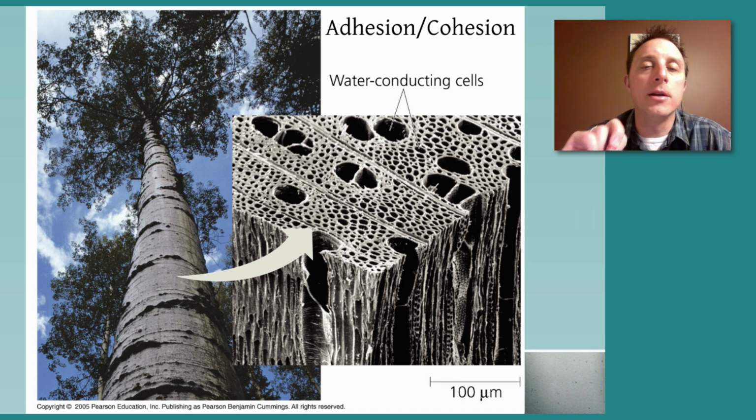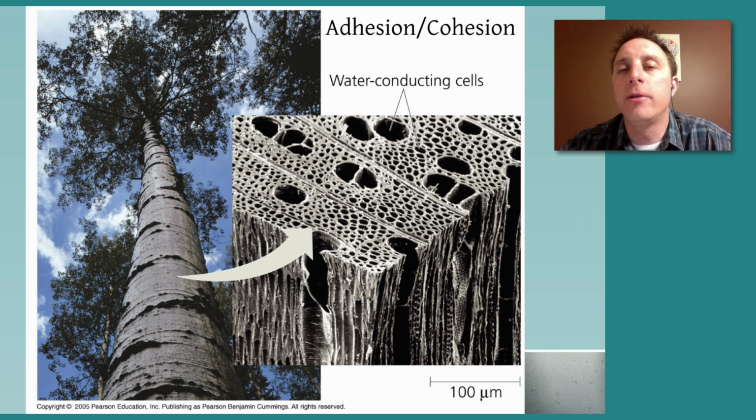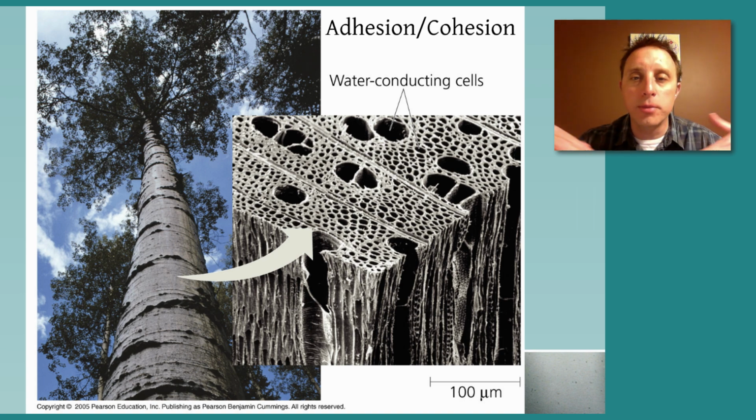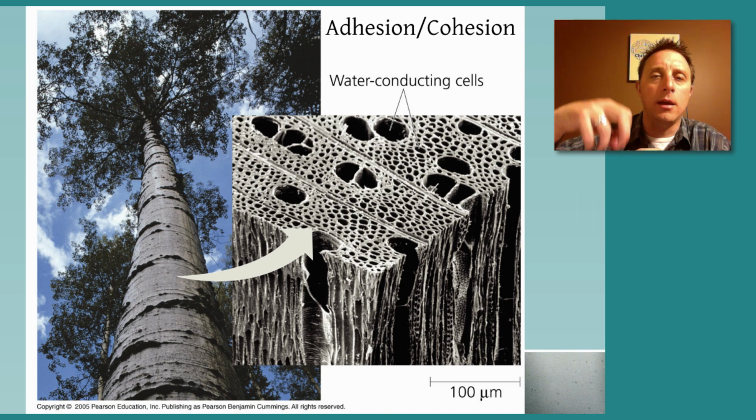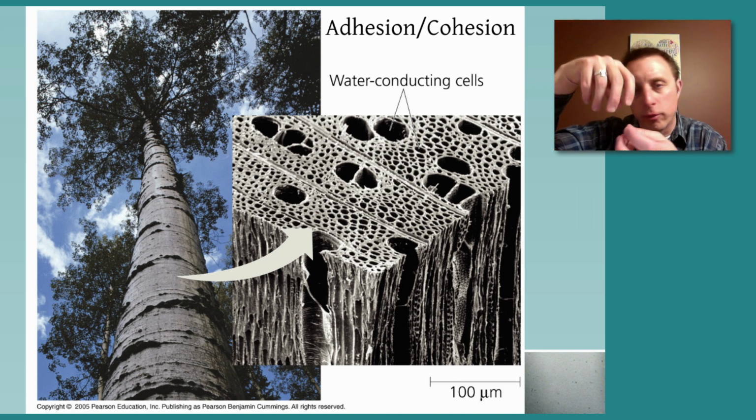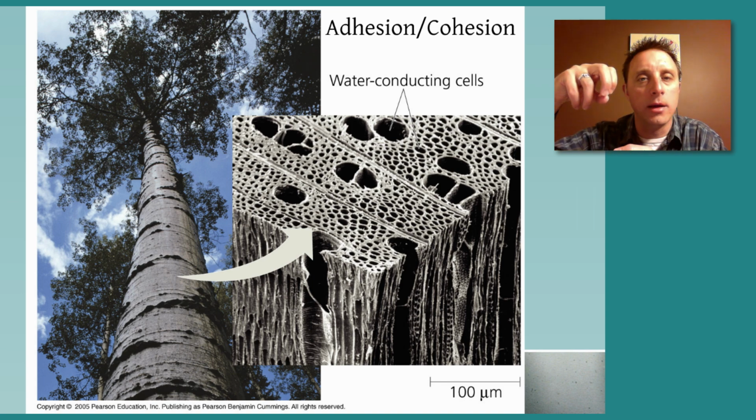And these two properties kind of work together to help water move up the trunks of very, very tall trees, or really any plant. Okay, so there's these really small water conducting cells in the plant, the xylem, and the water moves into the plant from the roots, and as it goes up the trunk, you can kind of visualize this as an intact chain of water molecules all held together by the hydrogen bonds.